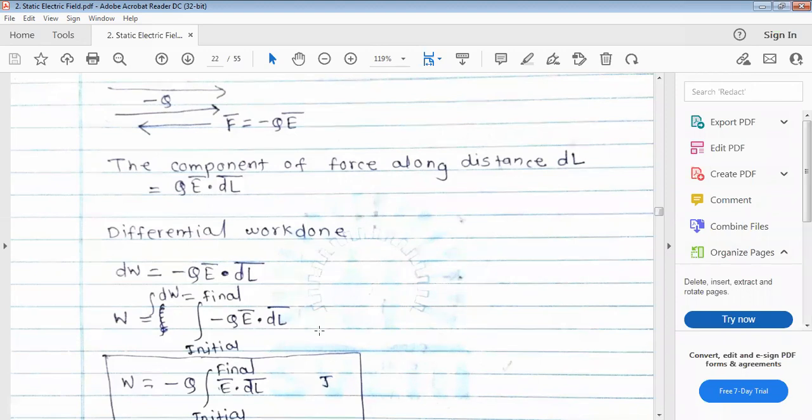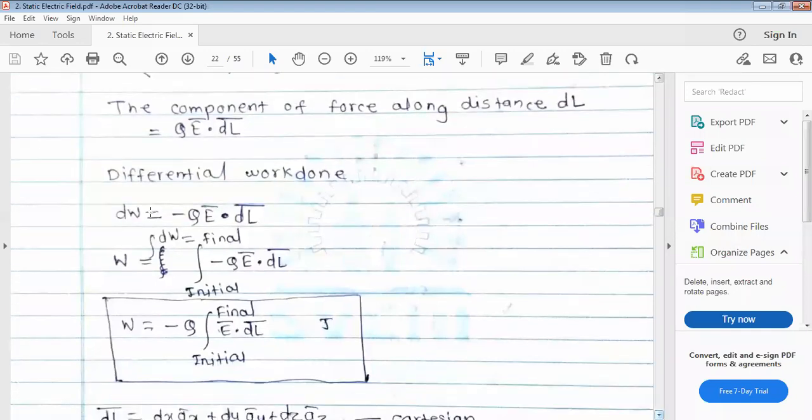So now we are doing this work, means we are moving that object, we are picking that object from one point to another point. So the total work done W is equal to the integration of dW, which is equal to the integration from initial position to final position of Q into E bar dot dl bar.